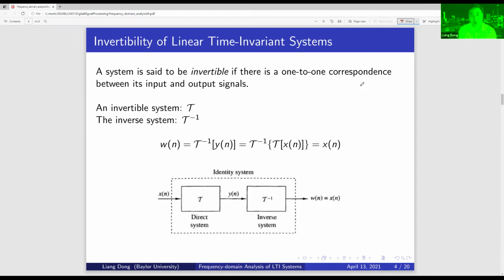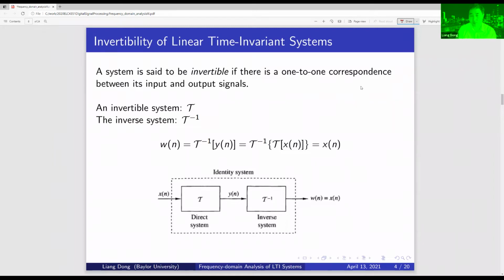A system is said to be invertible if there is a one-to-one correspondence between its input and output signals. So an invertible system is represented as a linear operator T. Then its inverse system is T to the power -1.